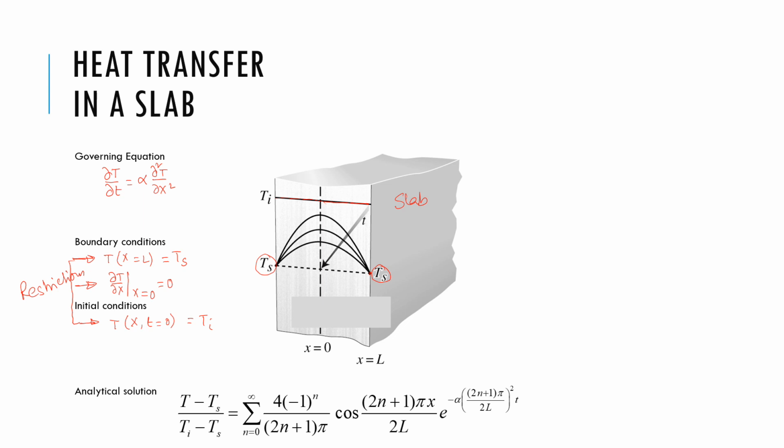For example, let's start with the geometry. By the way, the solution is plotted here. These are the profiles plotted from this solution: T as a function of position at different times.